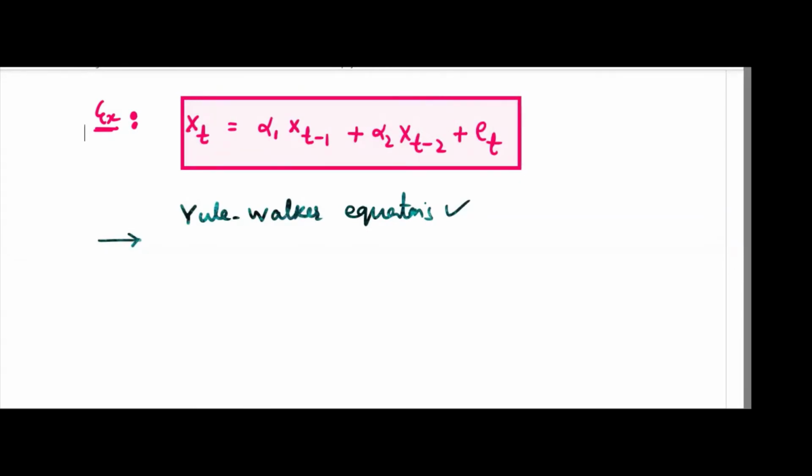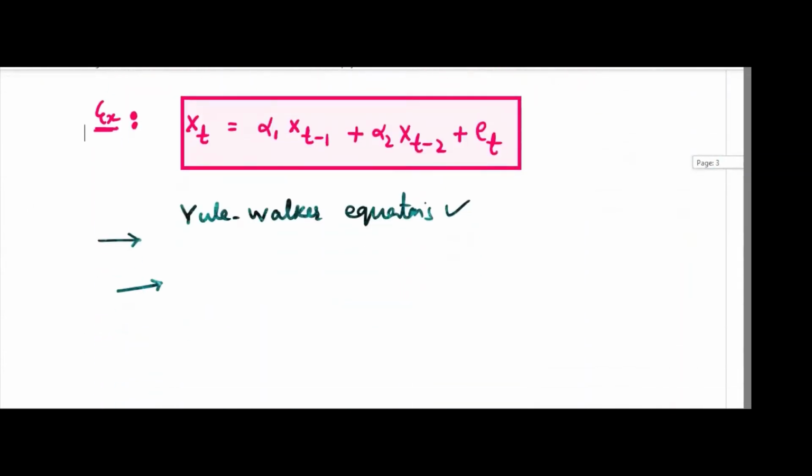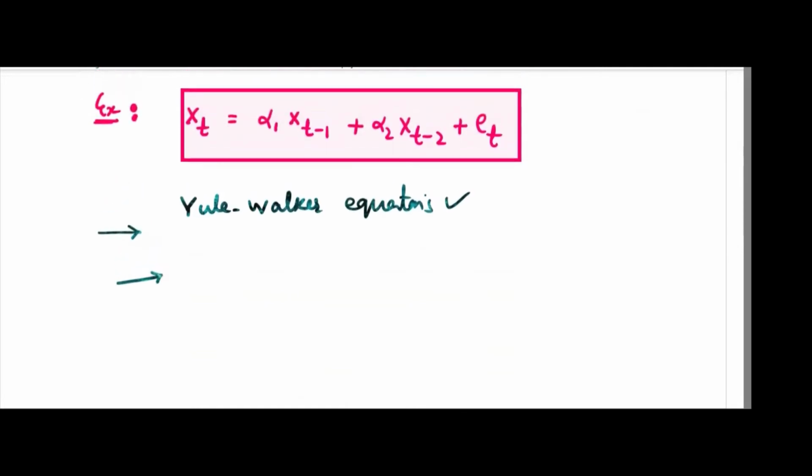Suppose you have an AR3 or AR4, quickly you will be able to write the equations. It will save a lot of time. So instead of writing all these things, directly you can write the equations. I'll write gamma 3.